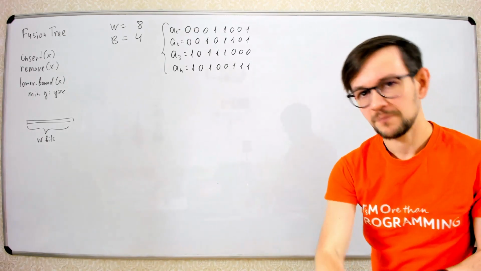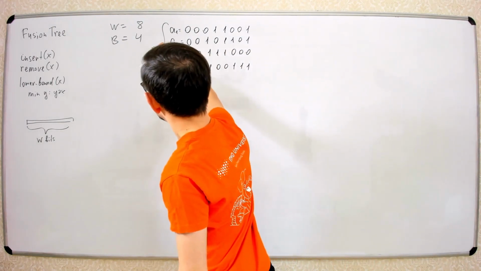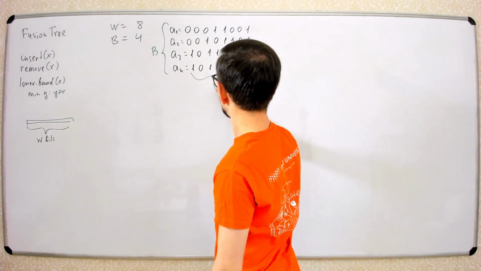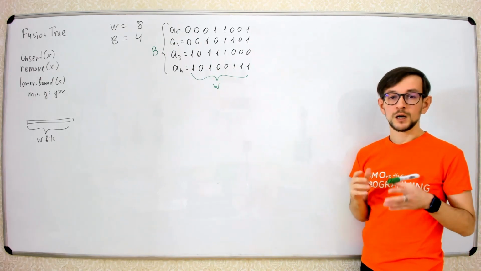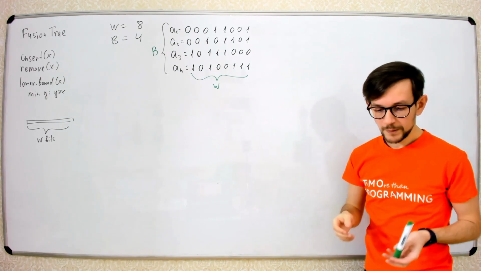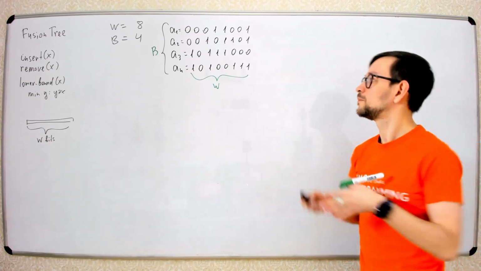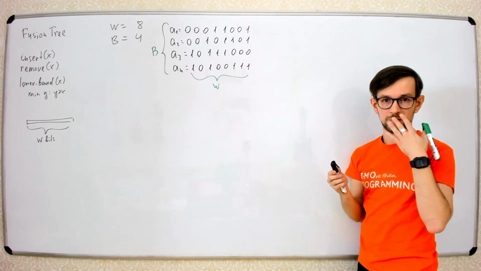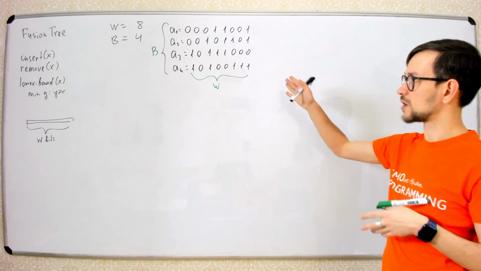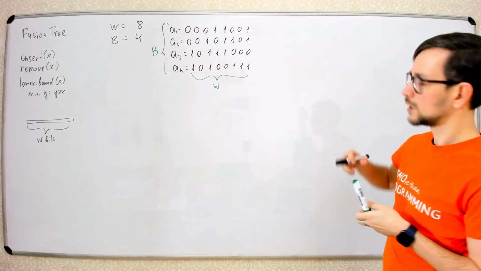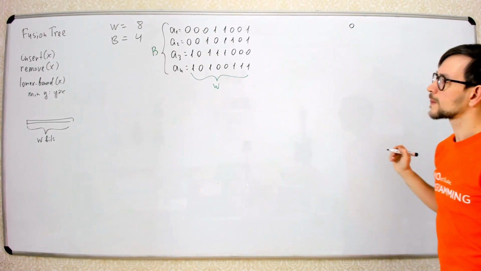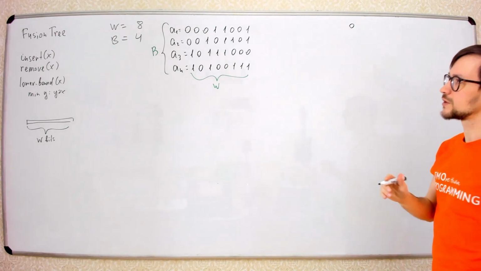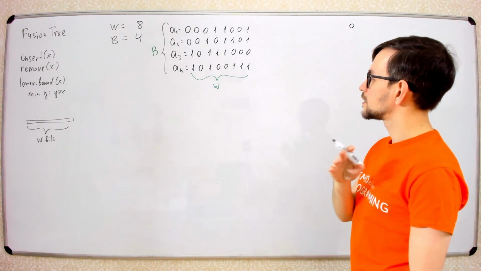So again, we have B integers, and the size of each integer is W. We will build a trie like in the previous lecture. Let's make a compressed trie, like in a suffix tree.